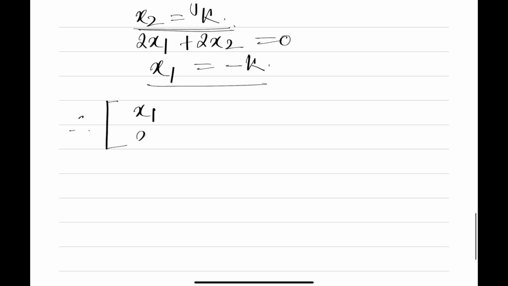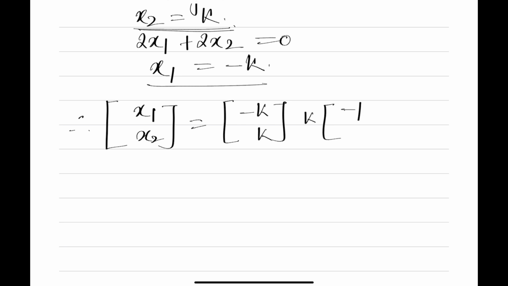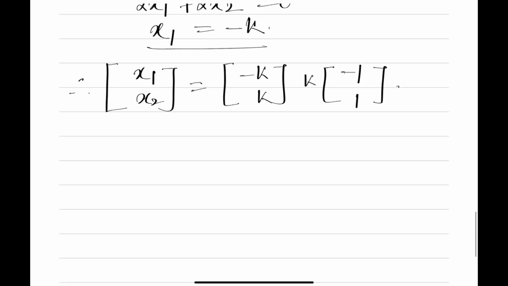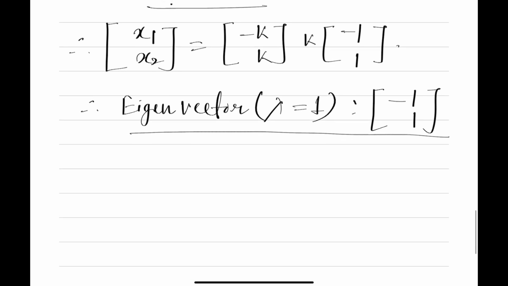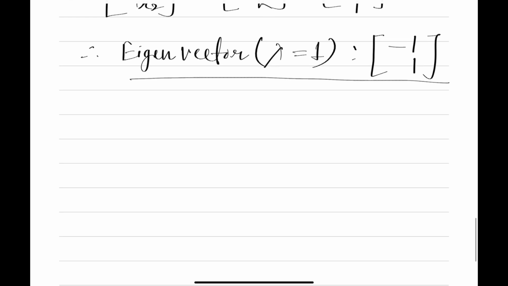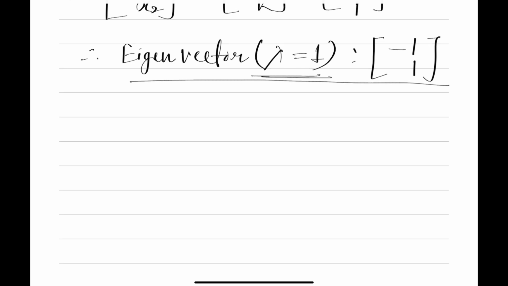Therefore [x1; x2] will be equal to [minus k; k], separating the variable, [minus 1; 1]. So we have got our first eigenvector as [minus 1; 1] corresponding to lambda is equal to 1.